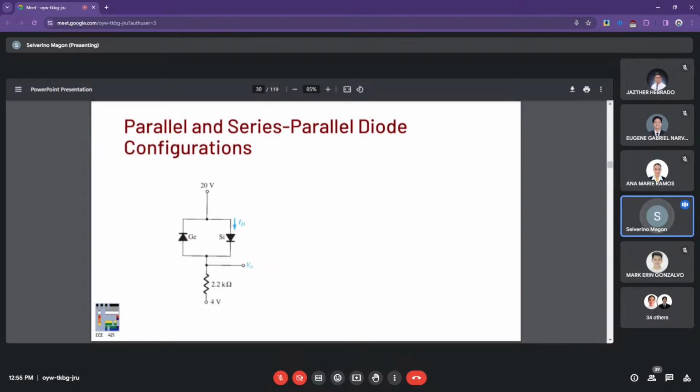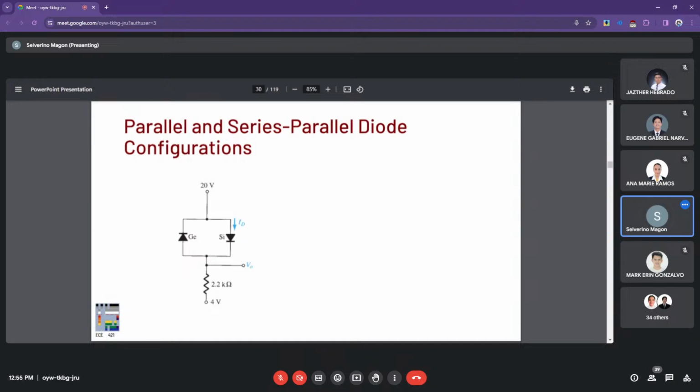All right. So for us to obtain VO, we have to have another KVL in this loop. This will be around 4 volts, no?